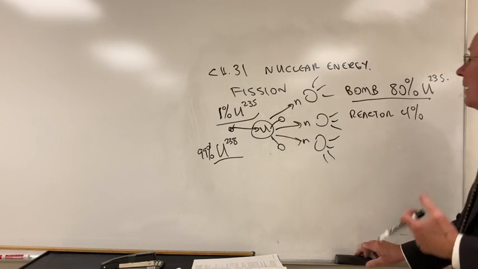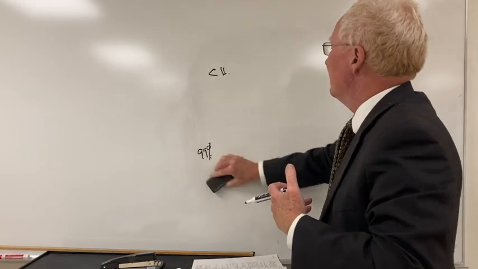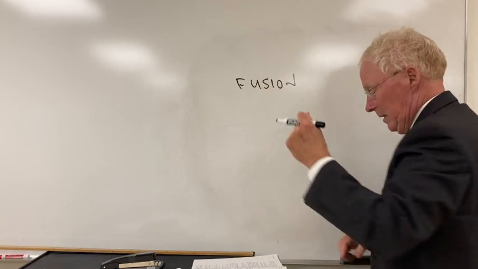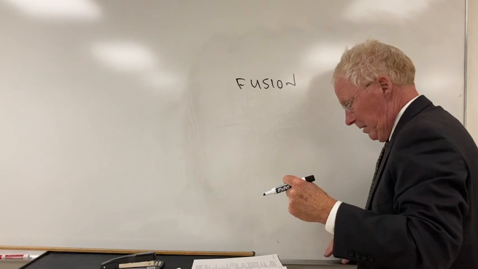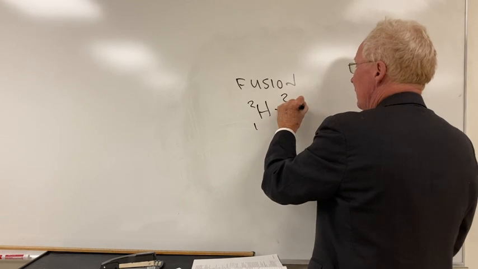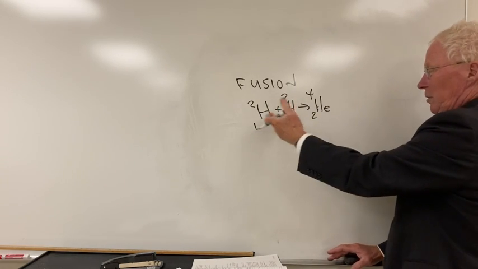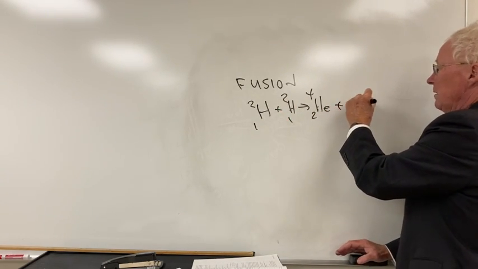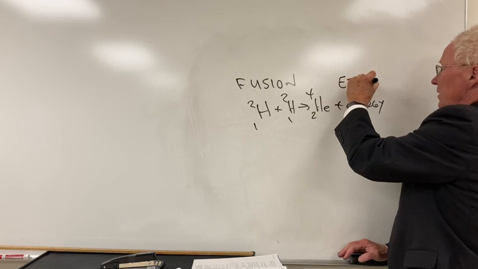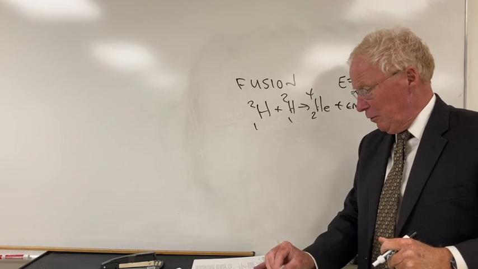All right, so that's fission as opposed to fusion, which is part of what we see in the future. In fusion, basically you have a hydrogen plus hydrogen combined to make helium, and the helium weighs less than the original hydrogen, so you get energy. And actually a lot of energy based on Einstein's E equals mc squared. So that's one process of fusion.